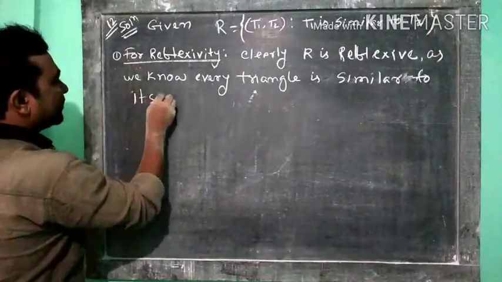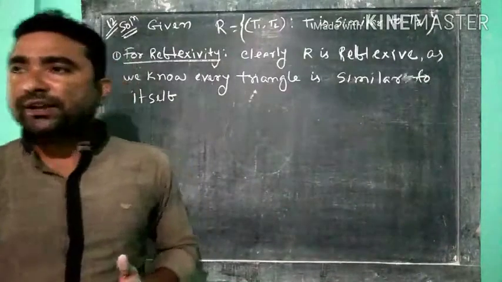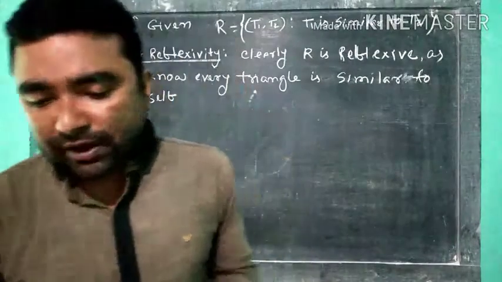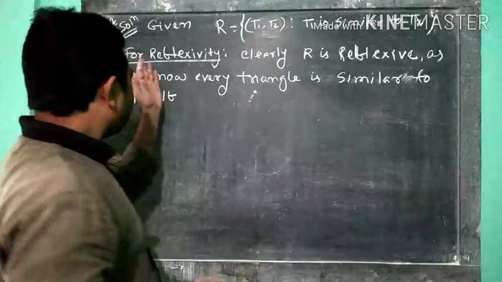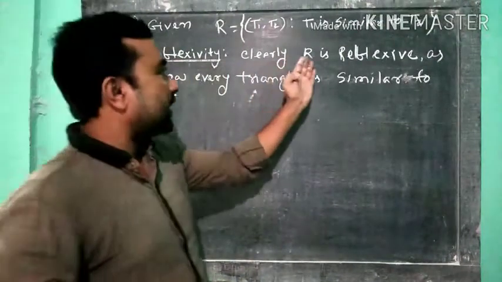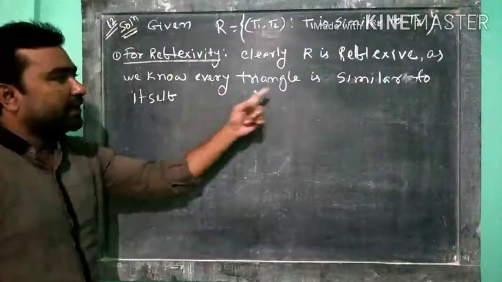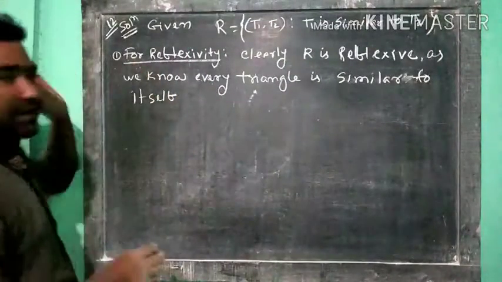We know that any triangle we take will always be similar to itself. That is why we can say that it is reflexive. So for reflexive it is clear that clearly R is reflexive, as we know that every triangle is similar to itself. So R is reflexive.